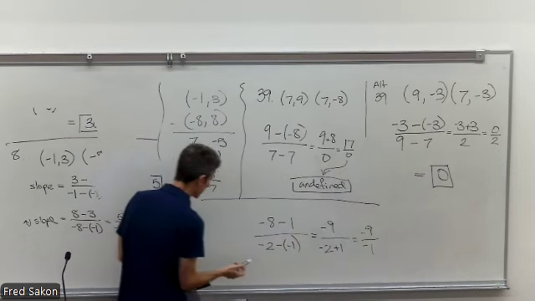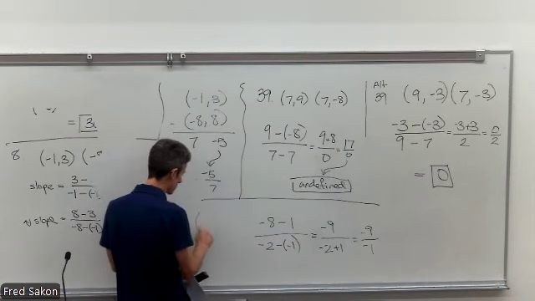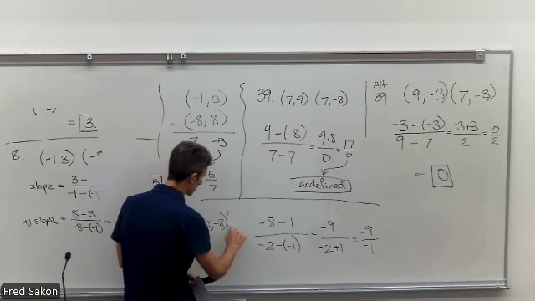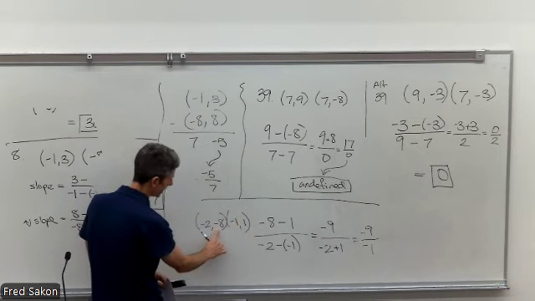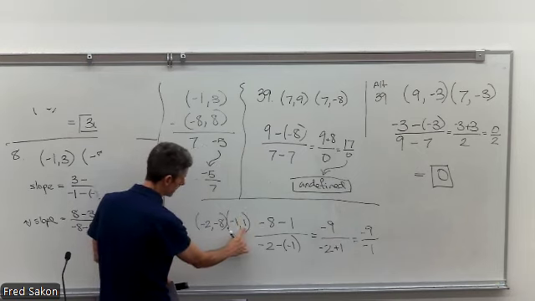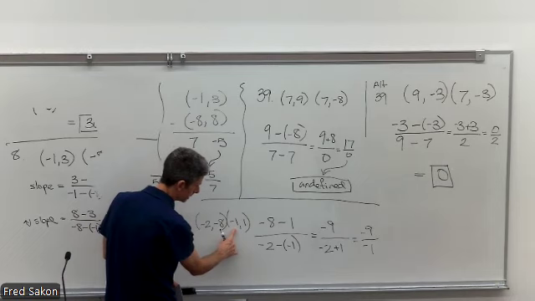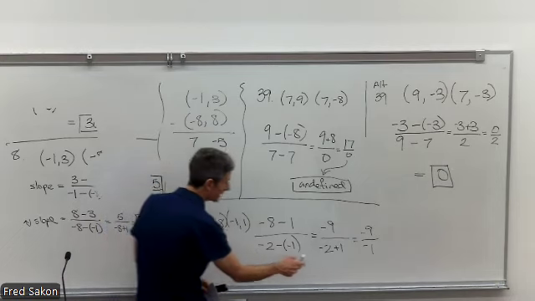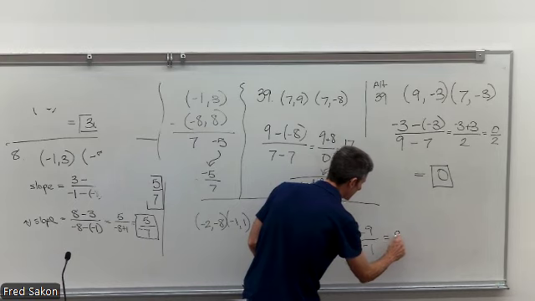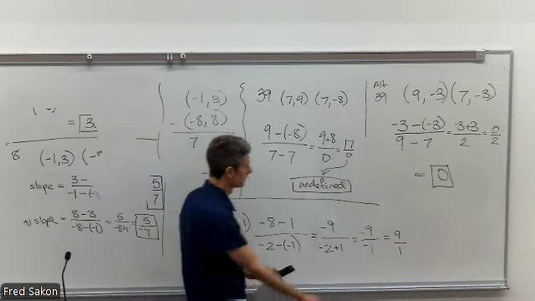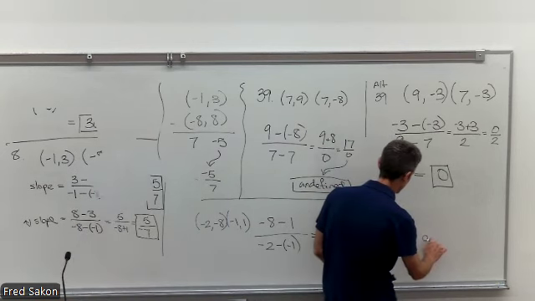And so there's all sorts of combinations that you could come across. What I'm doing here, let's just write it down for reference, is -2, -8, and -1, 1. So we did -8 minus 1 across the top, -2 minus -1 across the bottom. And that works out that way. Now this is equal to positive, since I got two negatives. And I can also just write that as 9.